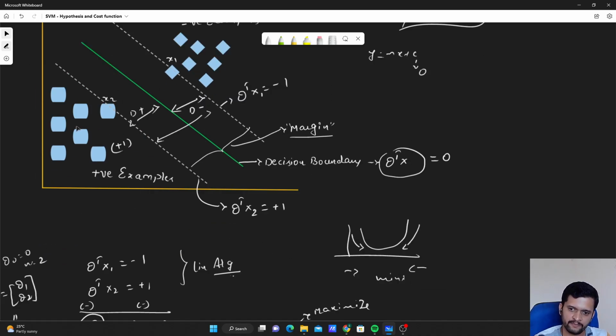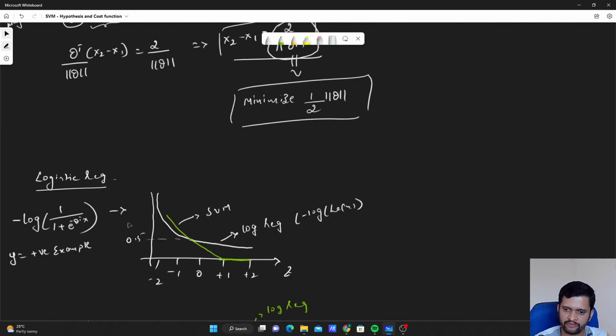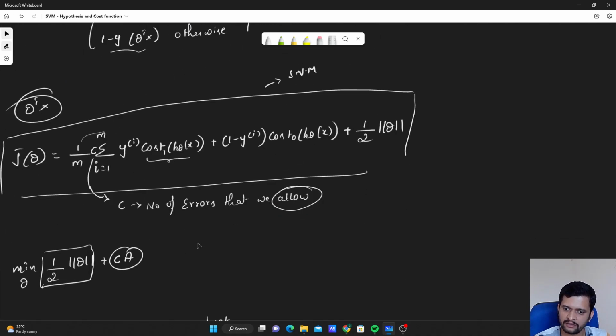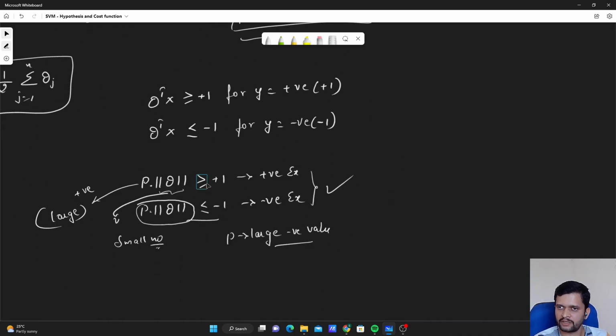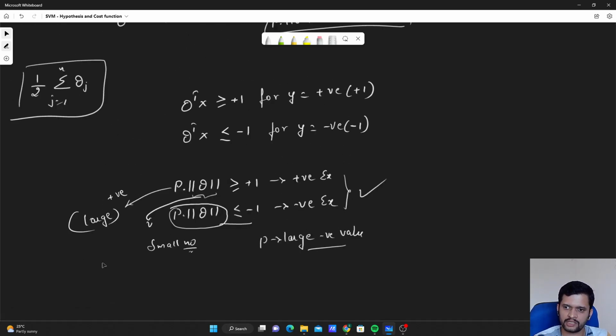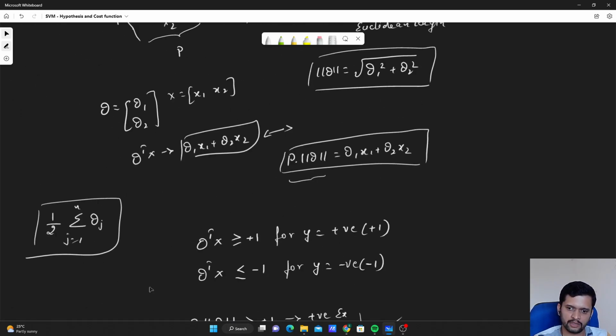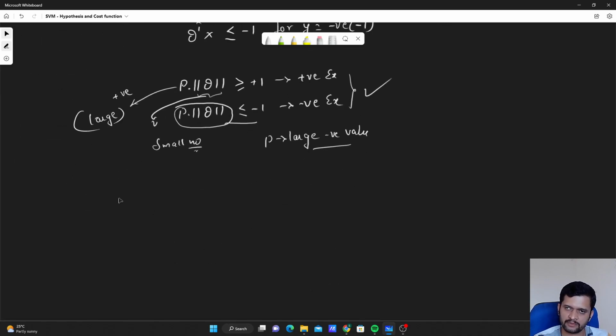Similarly, for the positive examples, we want P into norm of theta to be greater than or equal to plus 1. Since we are minimizing the cost function over theta, we need some large positive value for P so that the overall value is greater than or equal to plus 1. This is how SVM comes up with the large margin classifier.